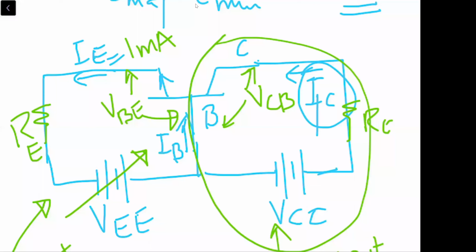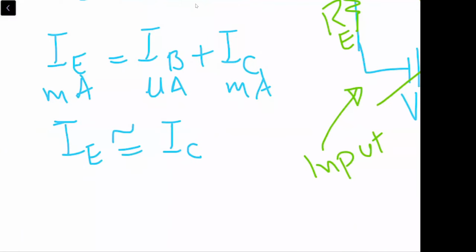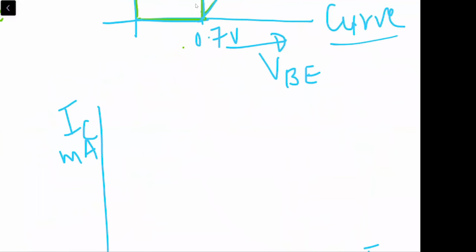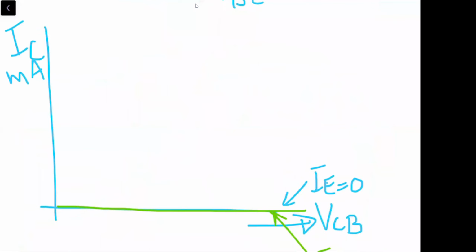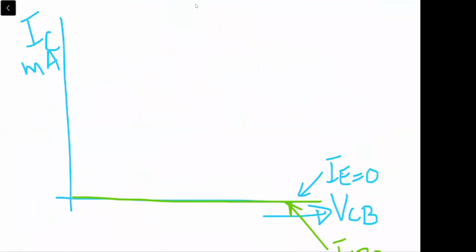We also know from our previous knowledge that IE is almost equal to IC. So if IE goes to 1 milliampere, on the output characteristic curve, IE is equal to 1 milliampere, right?